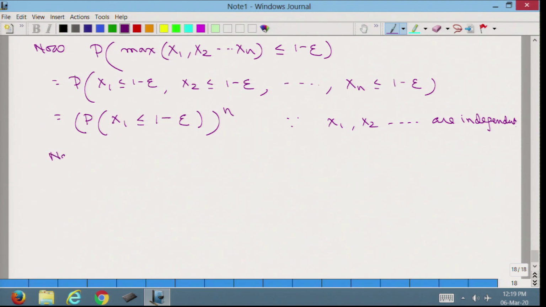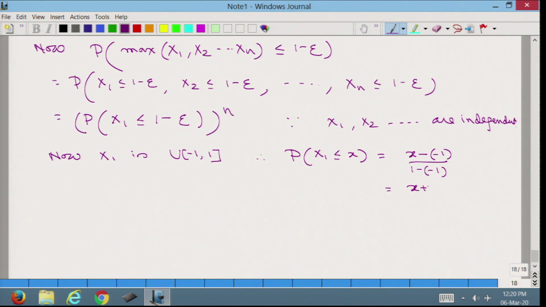Now, X1 is uniform in −1 to 1. Therefore, probability X1 ≤ x is equal to (x − (−1))/(1 − (−1)), which is equal to (x + 1)/2.